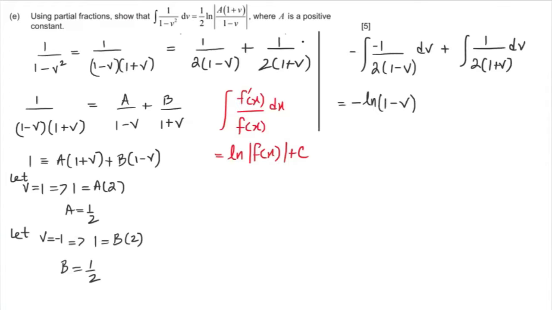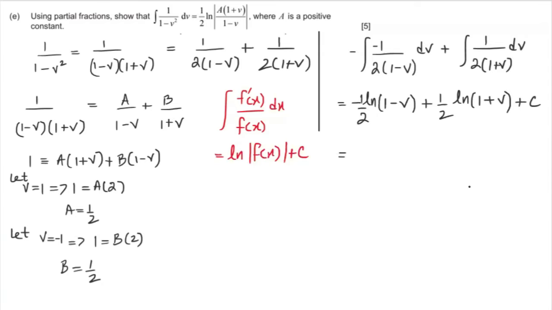I can put the absolute sign over here as well, since we know that the domain of log is always positive. And plus 1 over, sorry, my bad, I missed the half as well. Half, and this will be a half ln of 1 plus v. And remember, there's a constant of integration as well, since it's indefinite integration.